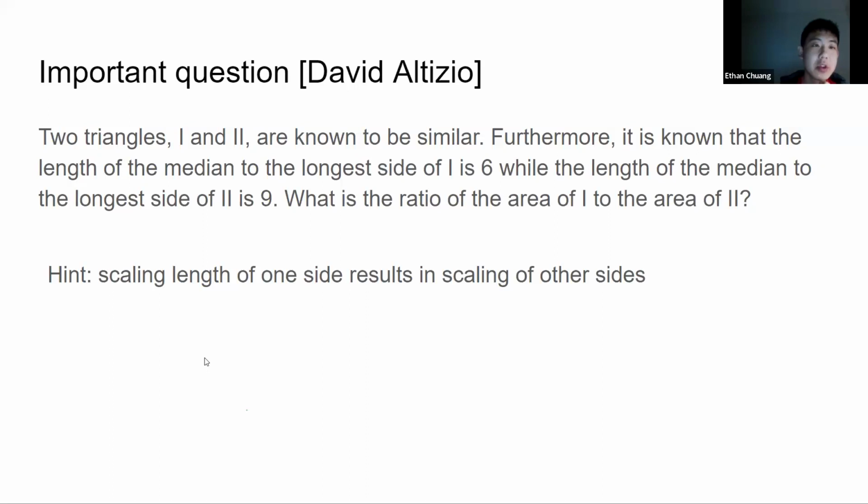Wait, does everyone know what the median is? Okay, I'm assuming everyone does not know what the median is. The median is a line from the vertex that splits the opposite side in half. Maybe I should draw up a diagram for this. Does everyone need a diagram, or are we all good?